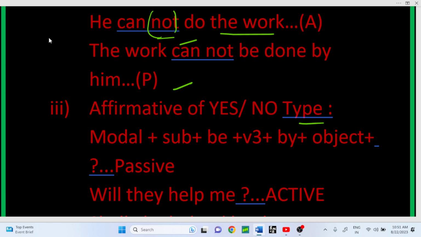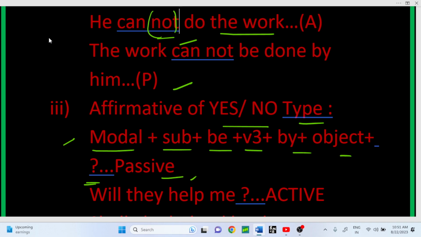If it's a yes no type question and the sentence starts with any modal auxiliary verb, then we have to follow this structure in passive. At first we have to use modal verb, subject, be, third form of the verb, by, object, and at the end of the sentence there will be a question mark, as it's a question.